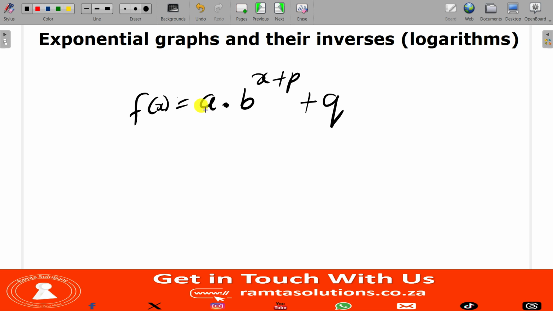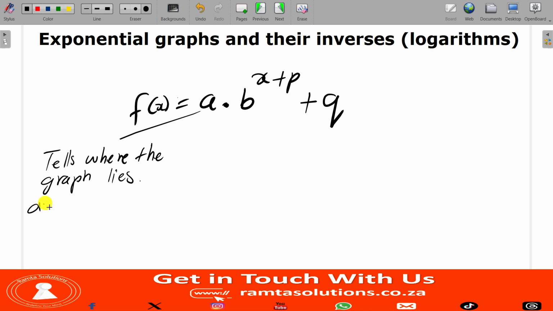So a basically tells where the graph lies. For example, when a is positive, your graph will lie above the asymptote.